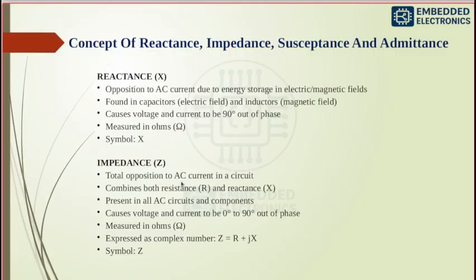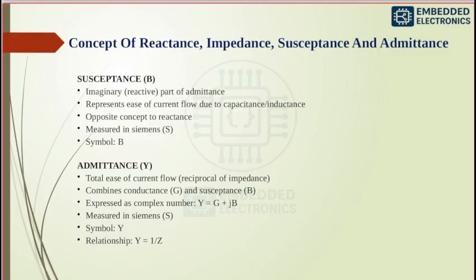It is present in all AC circuits and components. It causes voltage and current to be 0 to 90 degrees out of phase. It is also measured in ohms. It can be expressed as Z equals R plus jX. The symbol is Z.